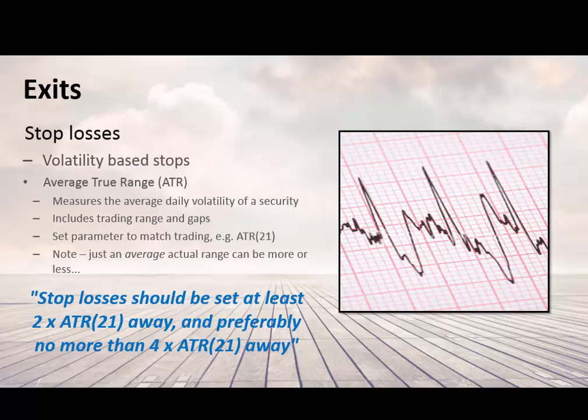Now you can go as far as 4 ATR or 5 if you want to. The only issue that you have with that, even acknowledging that wider stops are much better than closer stops, is that you're really then asking the stock to do a lot of work to get to your predefined objective, your predefined target. So somewhere generally between 2 and 3 is a fair and reasonable distance away from your entry level.